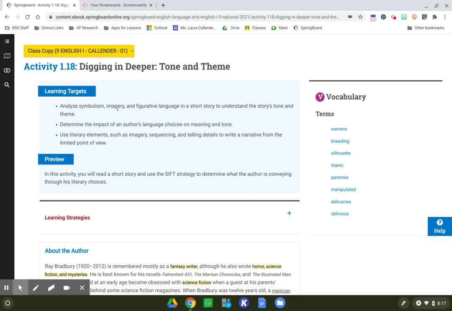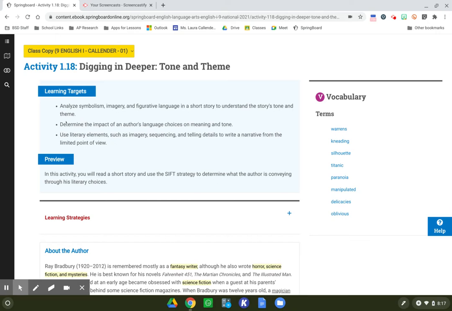Imagery, so the language, the telling details that are appealing to the senses: sight, sound, smell, taste, touch. And then figurative language, so those words and phrases that compare things that are not alike. So comparing one thing in terms of another. And so by analyzing those things, we will begin to understand the story's tone and theme.